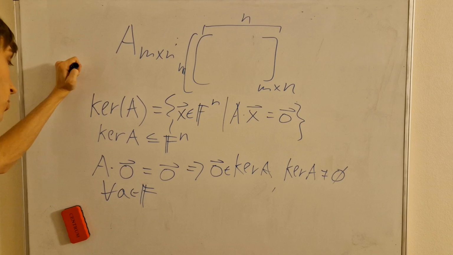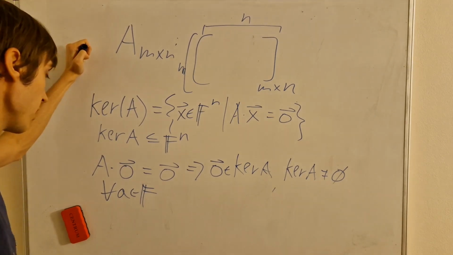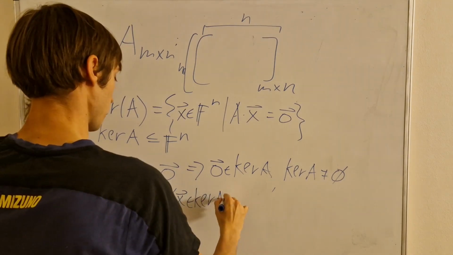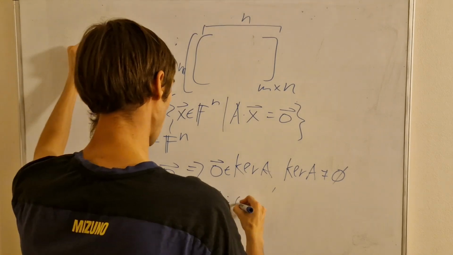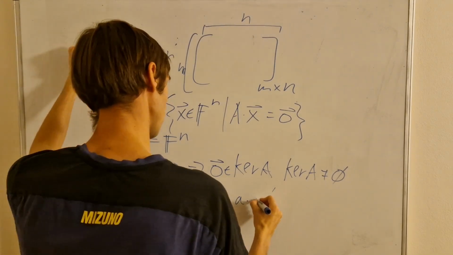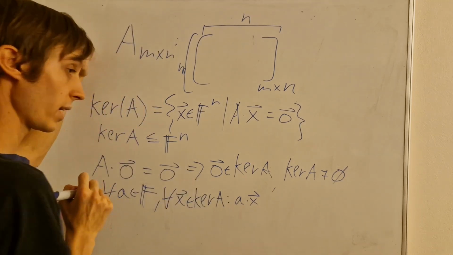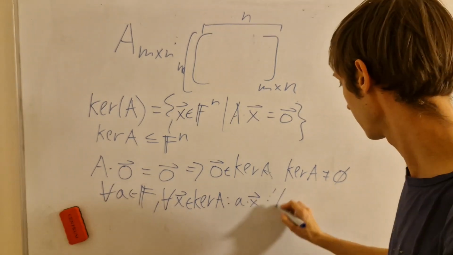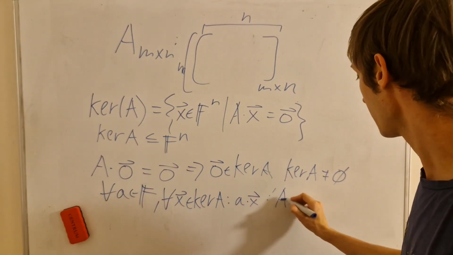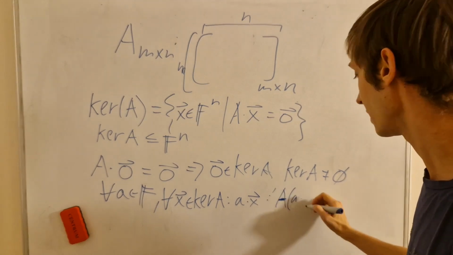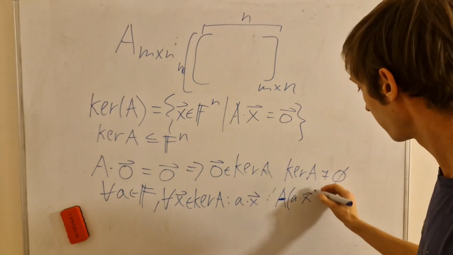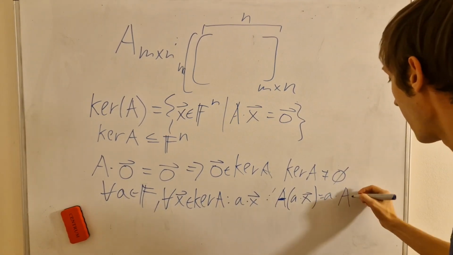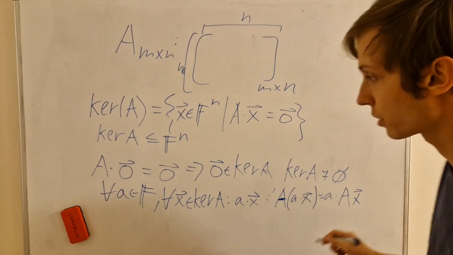So for any member of the field F, and for any x in the kernel of A, we have that A times the scalar lowercase a multiplying the vector x basically gives the matrix A times the vector multiplied by the scalar, but we can take the scalar out, so we would have lowercase a multiplying A times x, but we said that x is some vector that's already in the kernel.